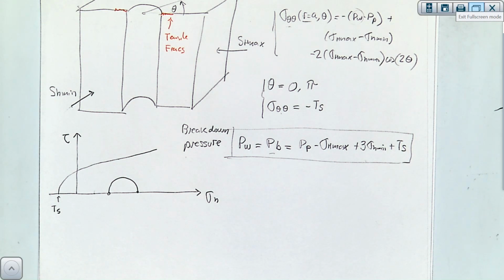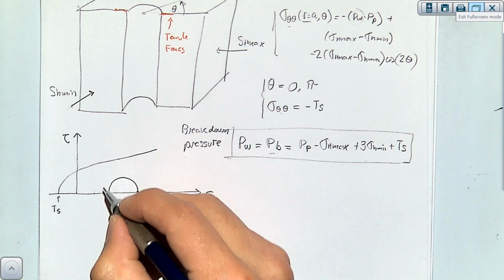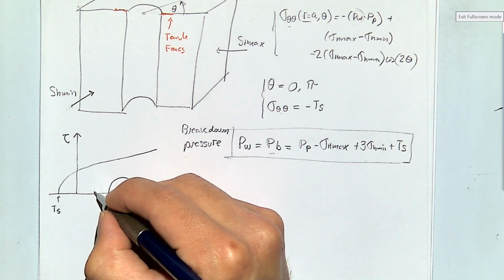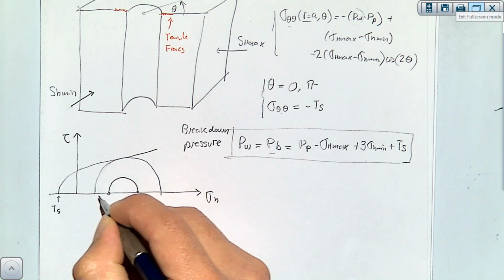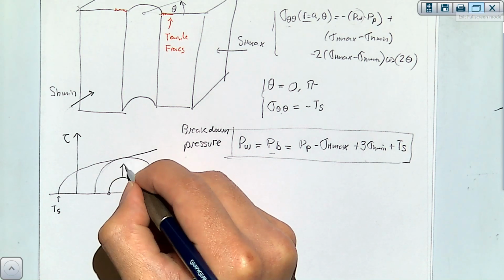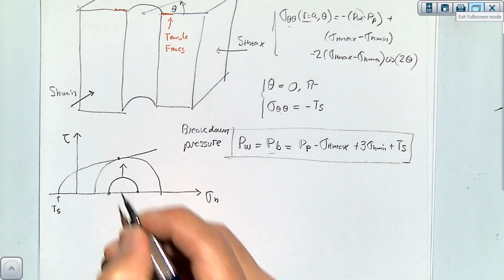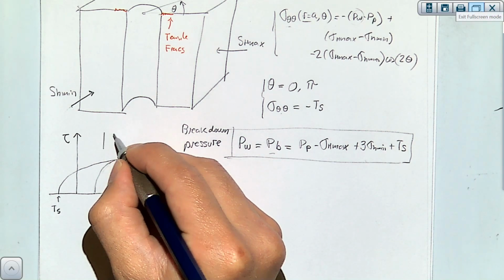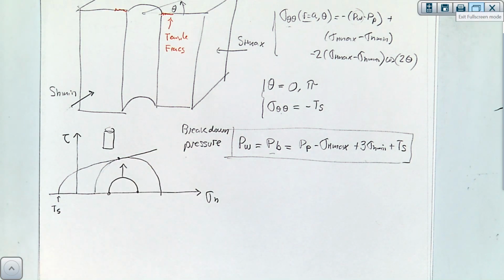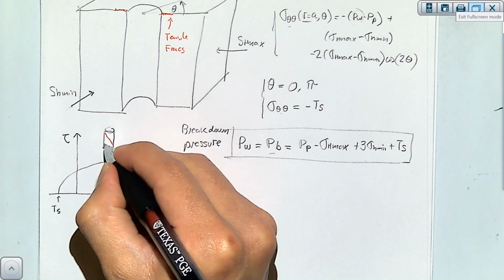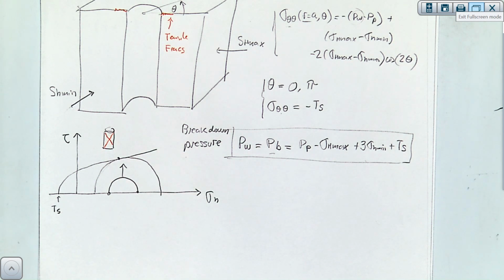If you increase the hoop stresses too much in one direction and lower them in the other, you can take the Mohr circle to this new condition, and when it does that, you're going to have a failure in shear, and this is what the fractures look like.